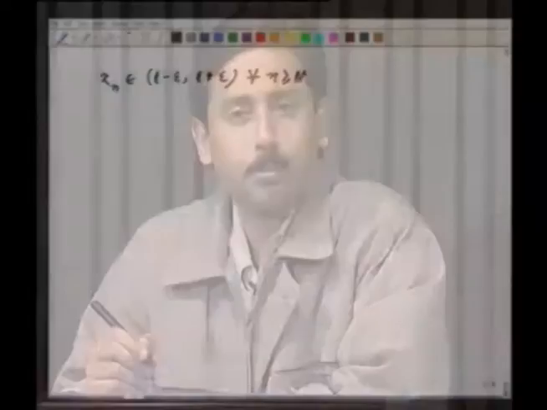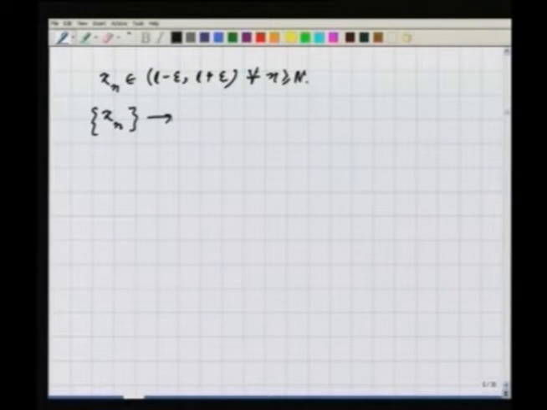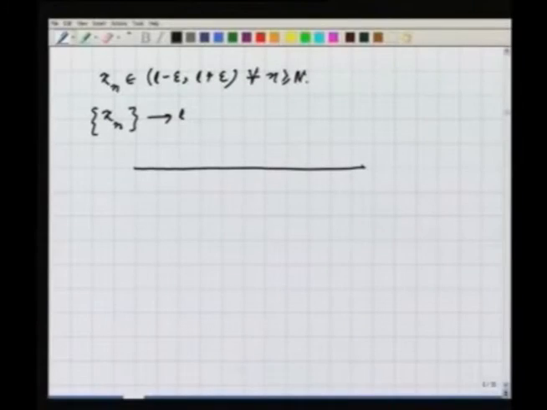Well, now let us look at the picture geometrically. Suppose x n is a sequence converging to L. I want to see what it means geometrically. Let us try to draw the real line. This is the real line, it does not end, and suppose L is somewhere here.